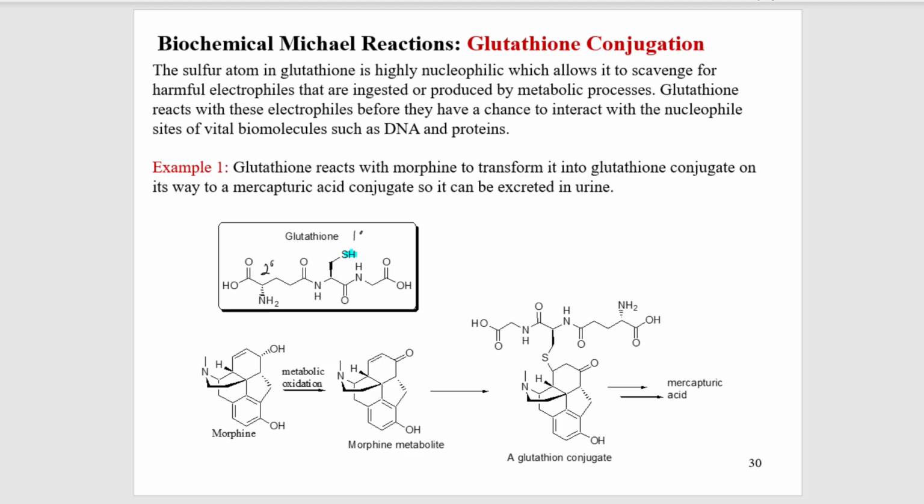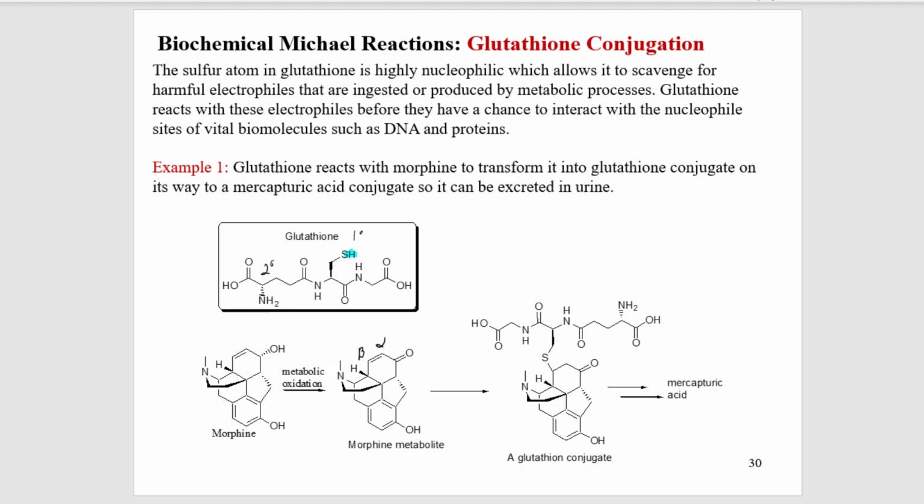So this sulfur nucleophile is looking to do just that, be a nucleophile. When morphine enters the body, it goes through a metabolic oxidation process where this alcohol is oxidized to a ketone. And at this point, you can see that we have an alpha beta unsaturated carbonyl.